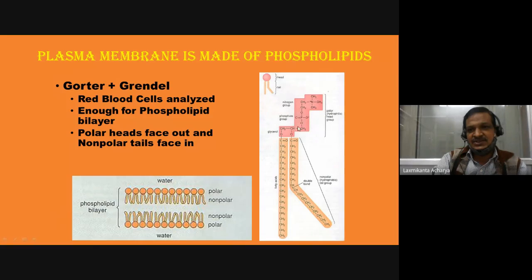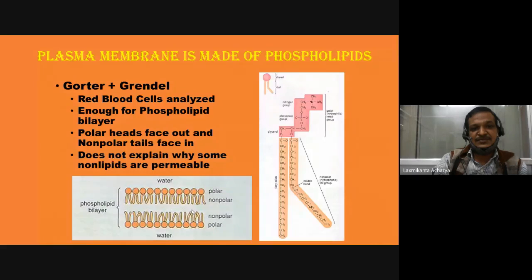This is your polar hydrophilic head and this hydrophobic tail. Okay, so this is your phospholipid bilayer. So it doesn't explain why these non-lipids are permeable.